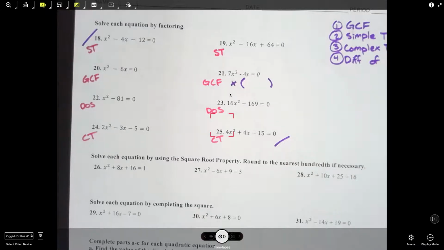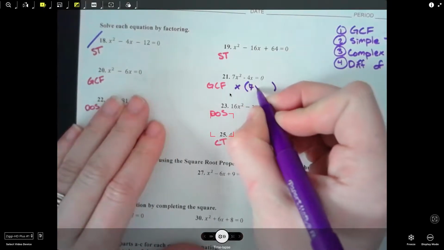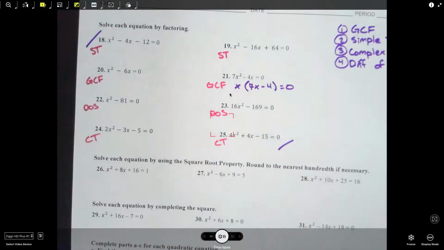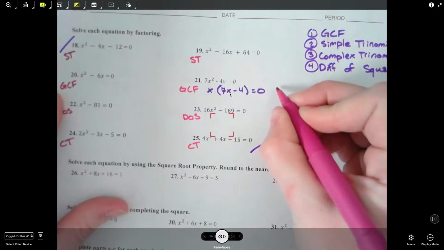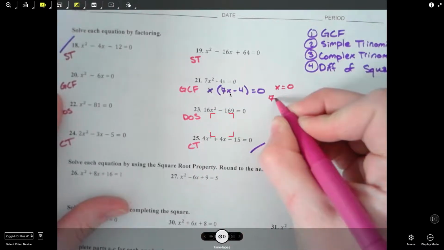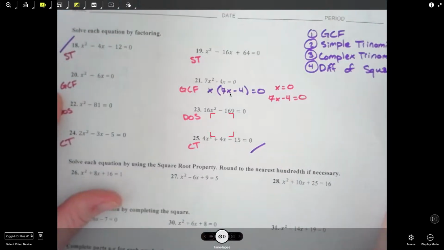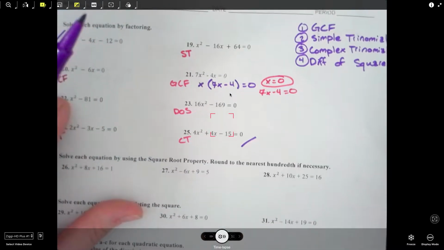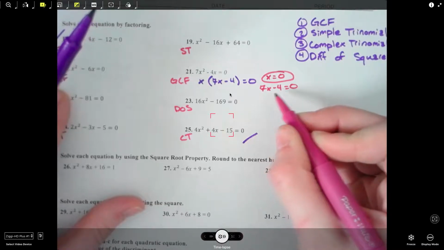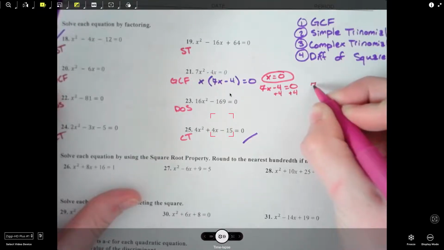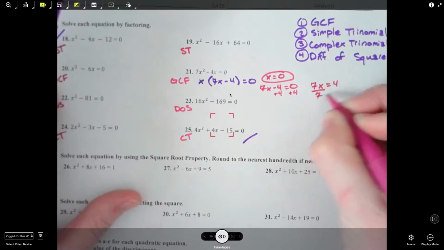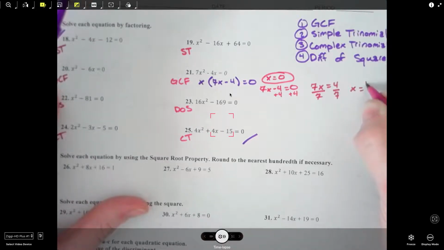What's left over if you take X out of 7X squared? 7X minus 4 equals 0. Then X equals 0 and 7X minus 4 equals 0. So this one's already answered, X equals 0. But how do I solve for this X? Add 4. 7X equals 4. Divide by 7. X equals 4 over 7.